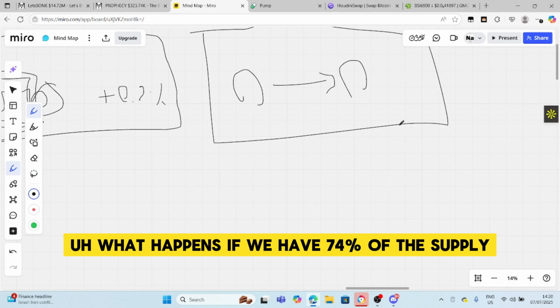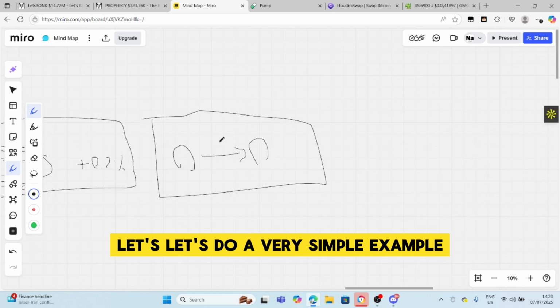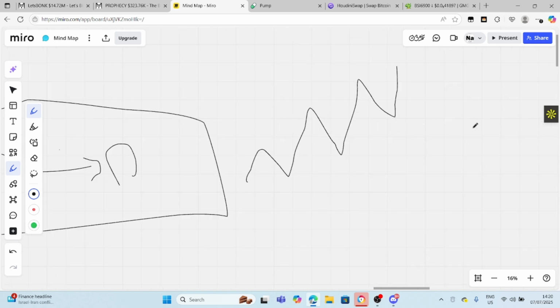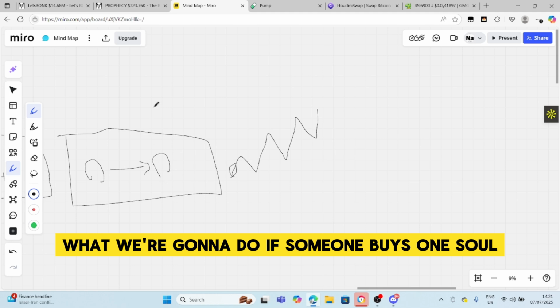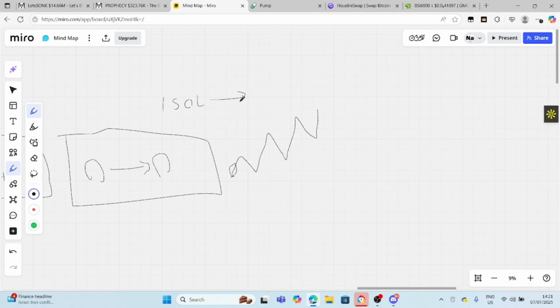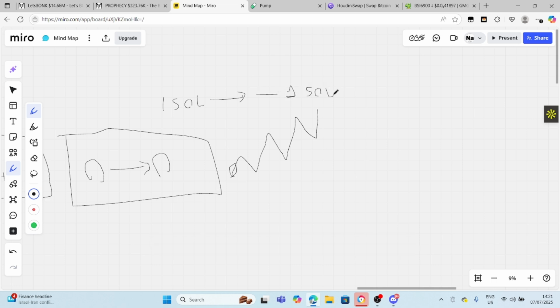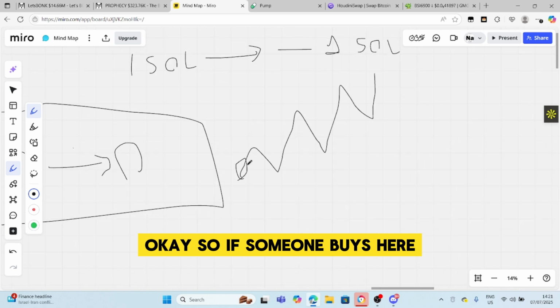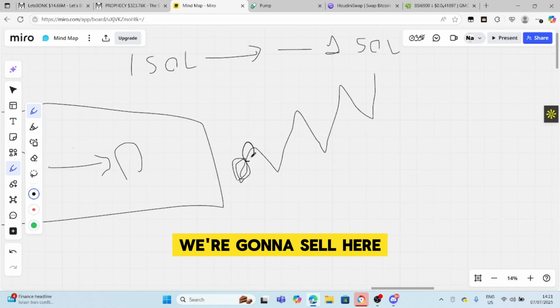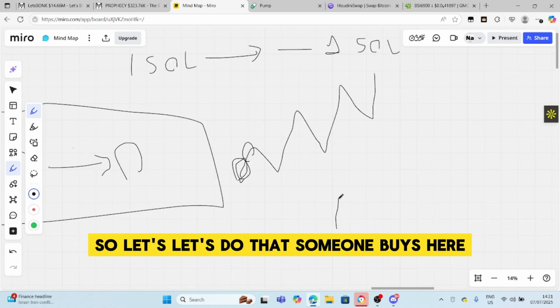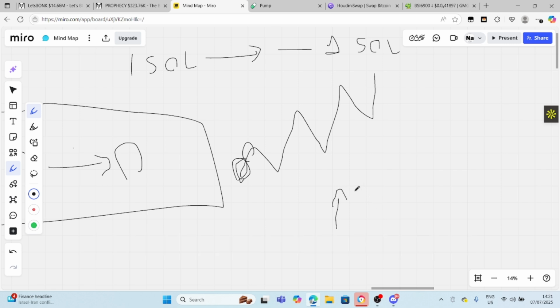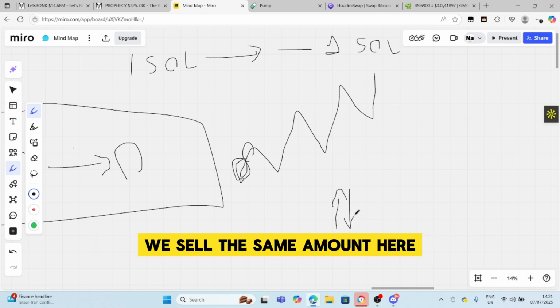What happens if we have 70% of the supply? Let's do a very simple example. If someone buys 1 sol, we are gonna sell 1 sol. So if someone buys here, we sell the same amount here.